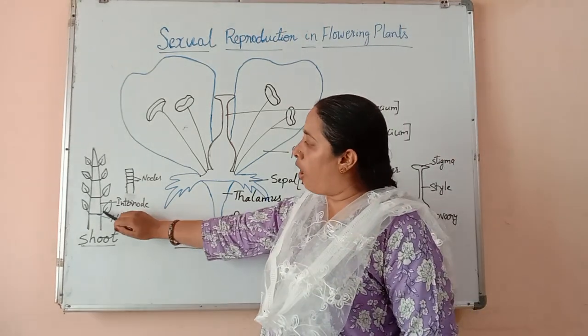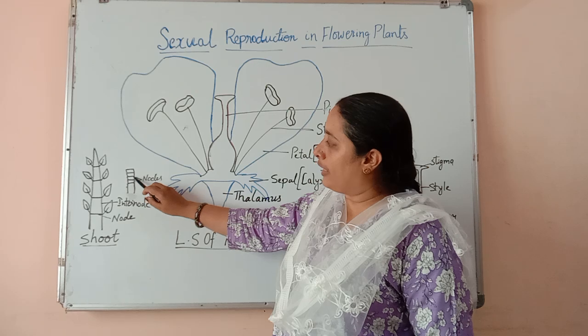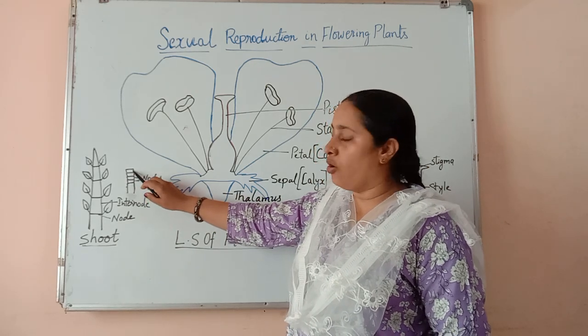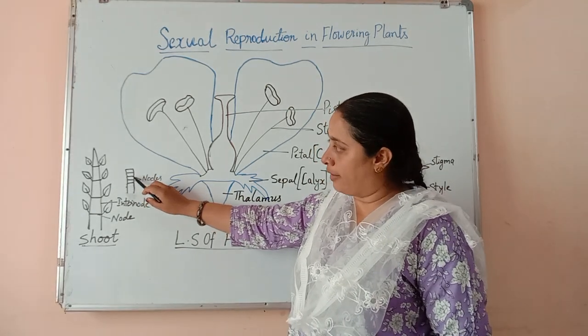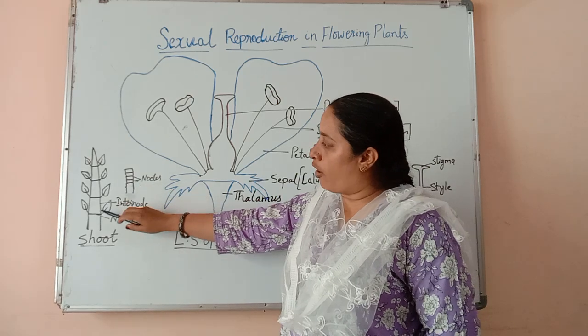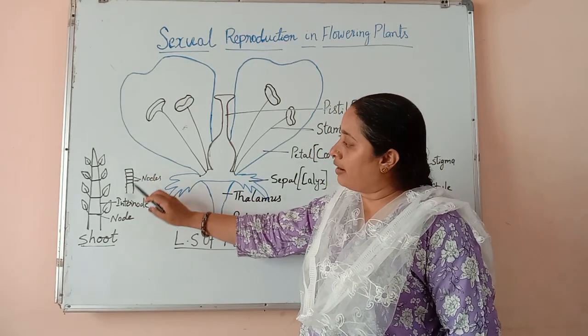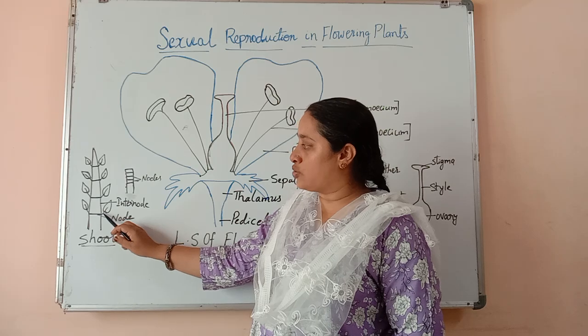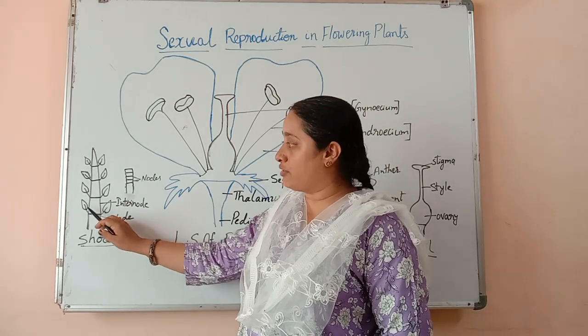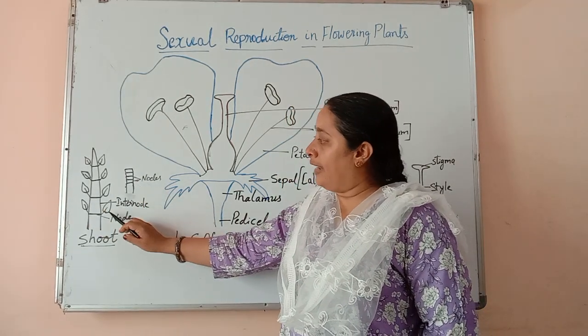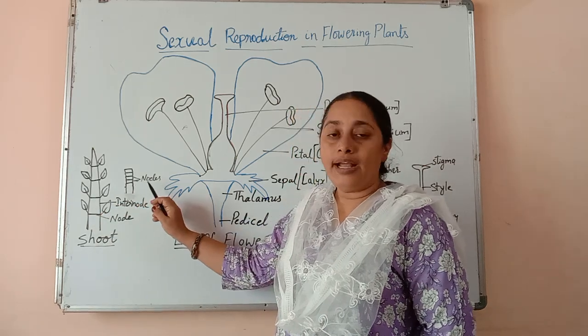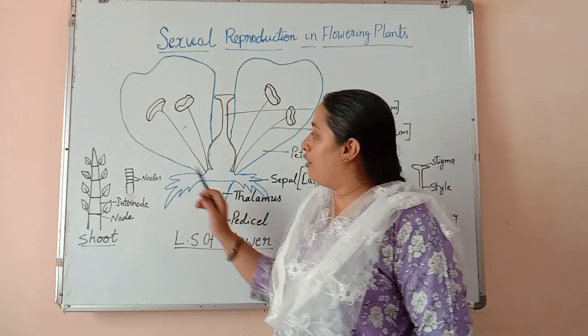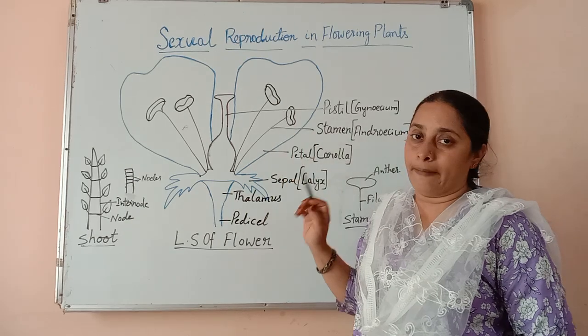As a result, all these nodes fall upon each other like this, as I have shown you in this diagram. The work of a node is to bear or produce leaves. Now every node, instead of producing leaves, has started producing different whorls of flower.